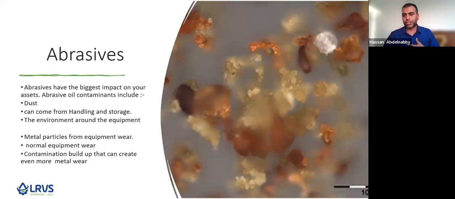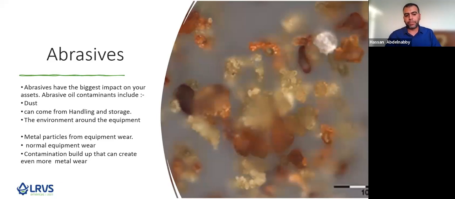I work in a tissue mill, so we have fine dust from the pulp itself that can contaminate our lubrication units. It can come even from the start, from handling and storage, from the transportation of the oil itself. Every aspect of the environment is trying to get inside your equipment, and this all can create contamination for you.